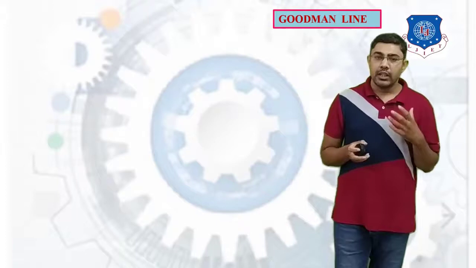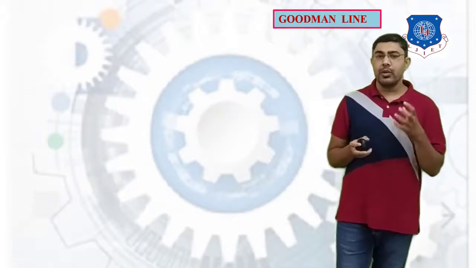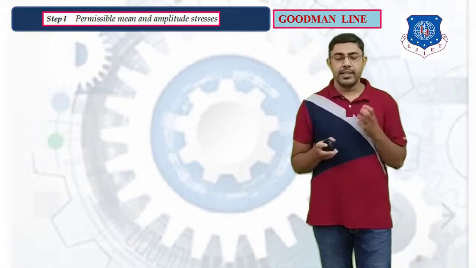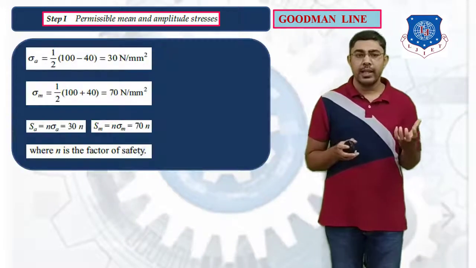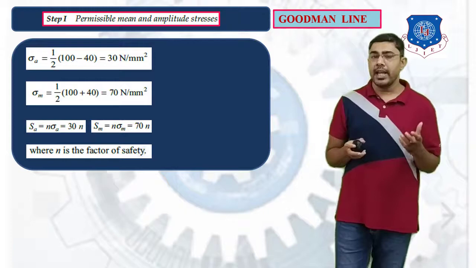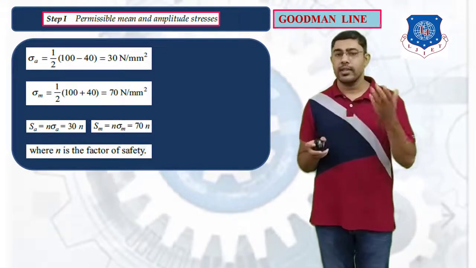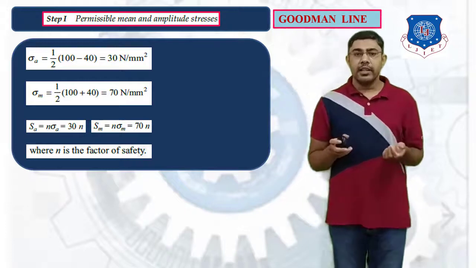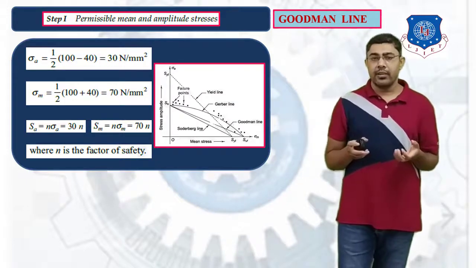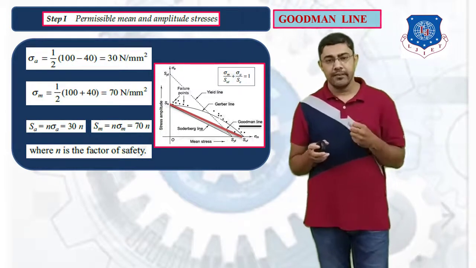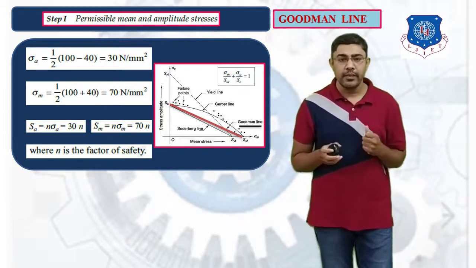Now next is the Goodman line. Here we have to use the Goodman line criteria, and here also the first step is common: sigma A, sigma M, SA and SM, which we consider from step 1. If we consider the graph of Goodman's line, it is the line connecting SE and SUT.